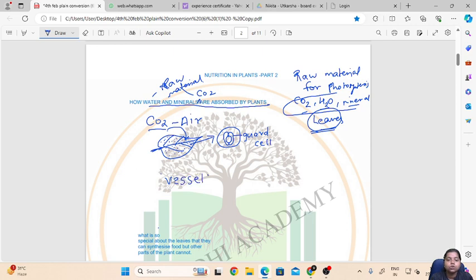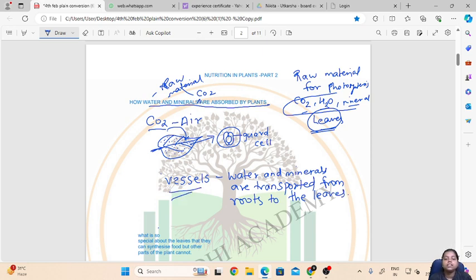Water and minerals are transported from roots to the leaves through vessels. The detailed structure of these vessels we will study later in chapter 7, that is, transport in plants.